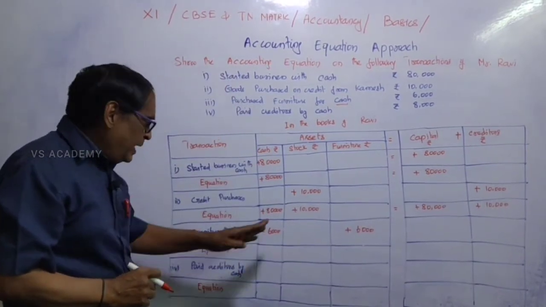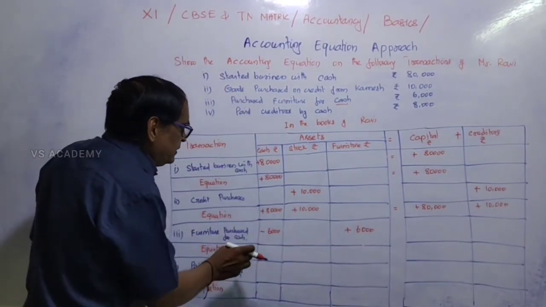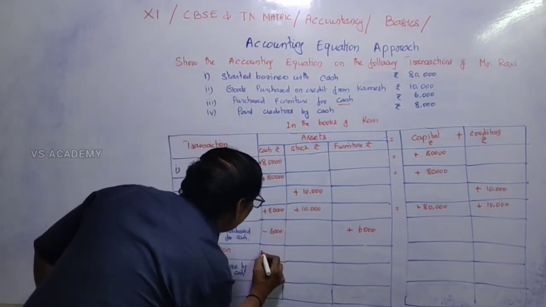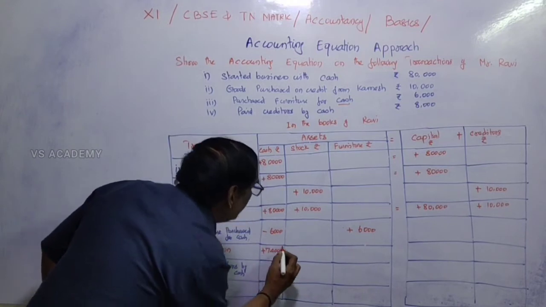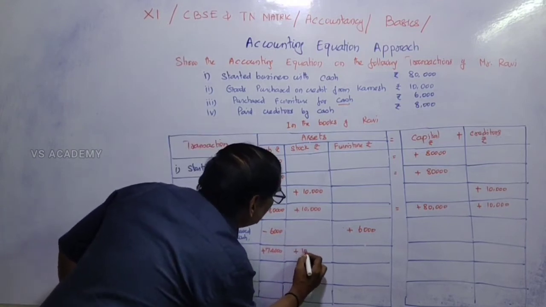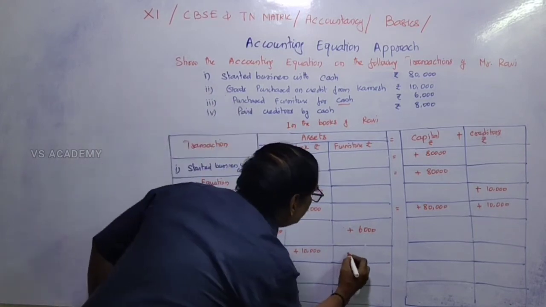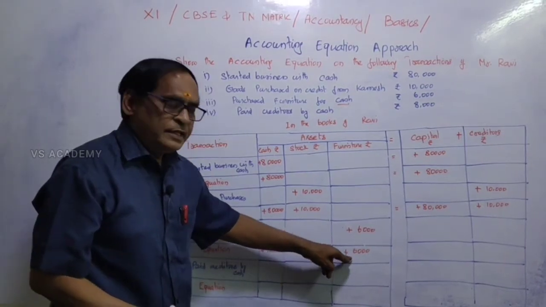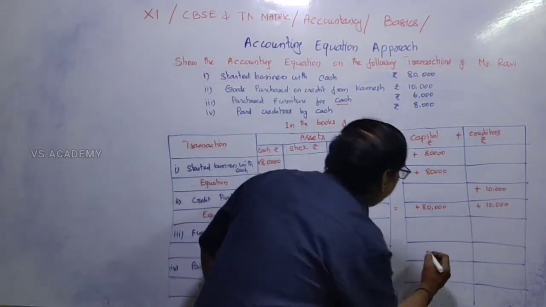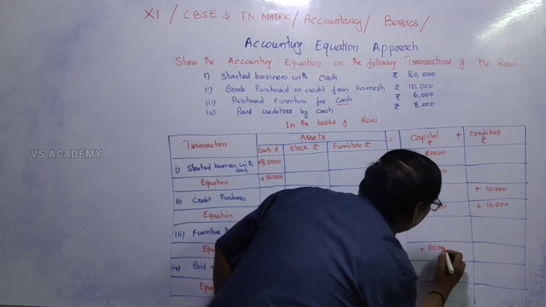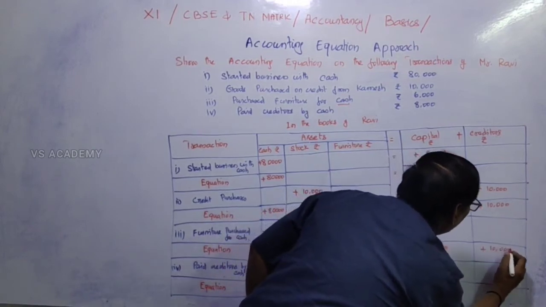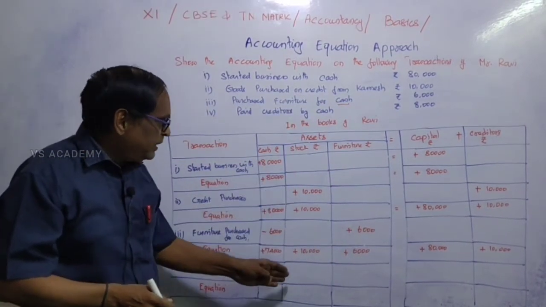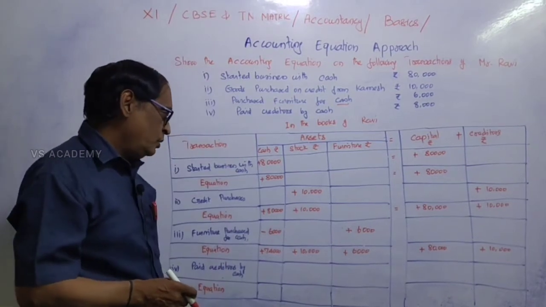So formerly the balance was 80,000, and out of that we have spent 6,000 rupees for furniture, so 74,000. Here the same 10,000, and then furniture 6,000. So 74 plus 10 is 84, plus 6, 90,000. Here also the same 80,000 plus 10,000, 90,000. The asset side is 90,000, and the liability side is also 90,000.